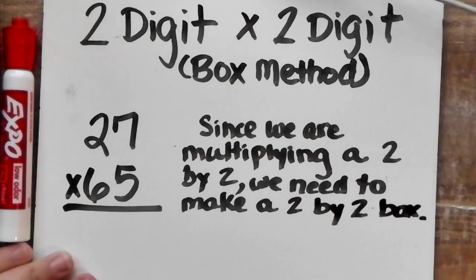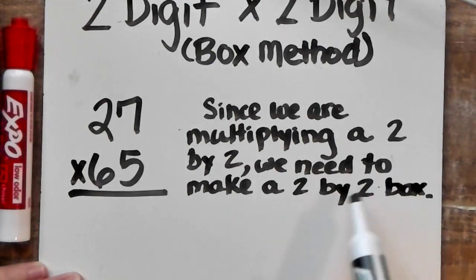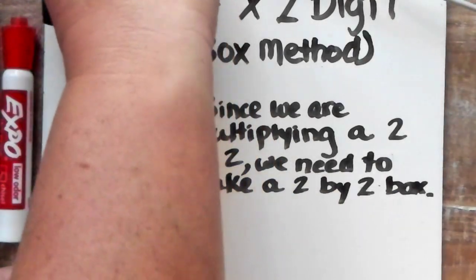Okay, so to do that, that's pretty easy. We're just drawing a box. We said it's a 2 by 2, so we need to draw a 2 by 2 box. So that's what I'm going to do first.